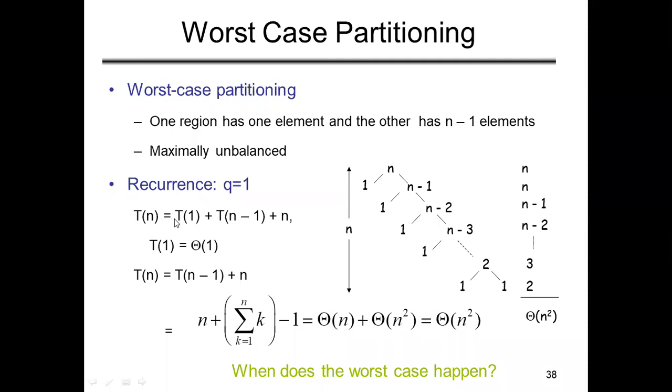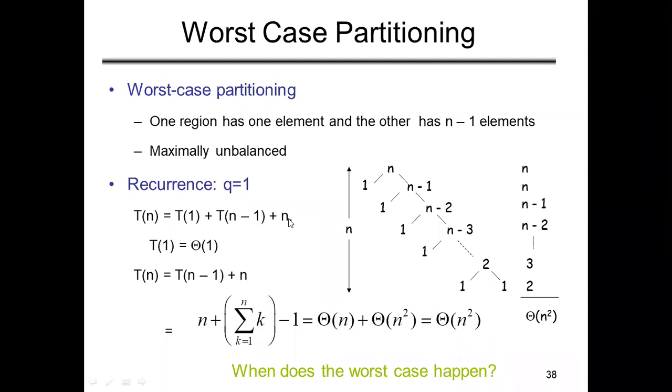So here T of 1, what is the meaning of T of 1? That is the first element in the array. So T of n minus 1 is the time complexity for the remaining n minus 1 elements in the array.